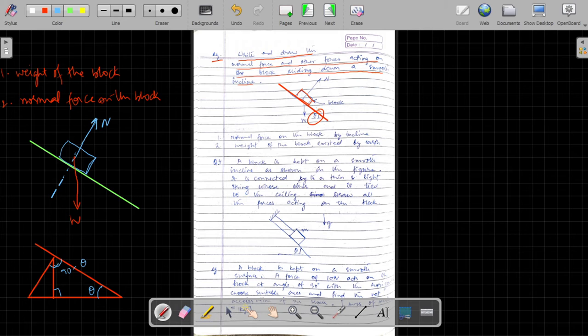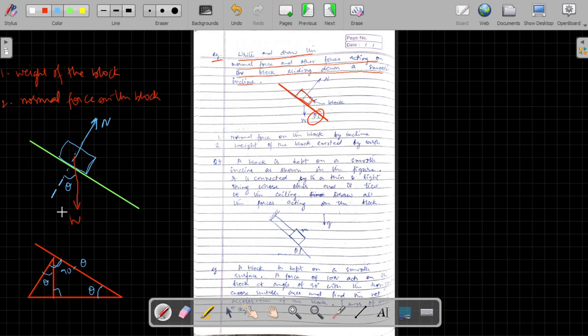Since this complete angle is 90, this angle should be theta. So the angle which the weight makes with the common normal between the surface and the block is the angle theta.